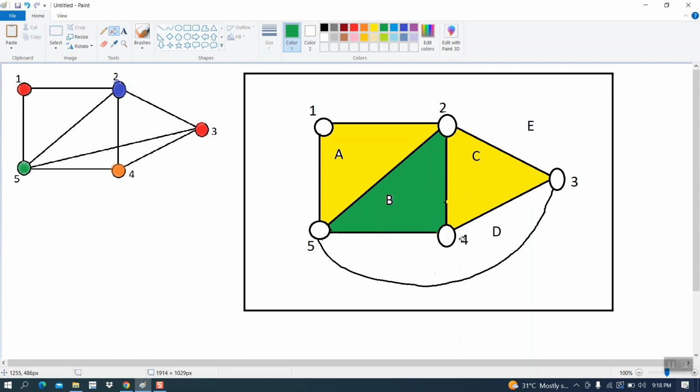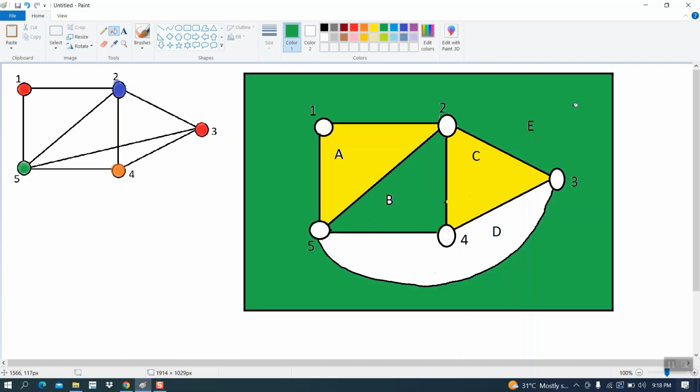We can apply green color to plane E because it is not connected with B. We need another new color for plane D, so I will apply blue color to plane D. Here we used three colors, yellow, green and blue, the minimum number of colors we have to use. This is how we do face coloring.